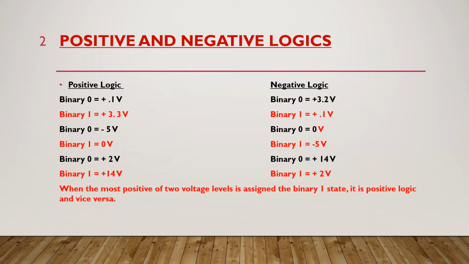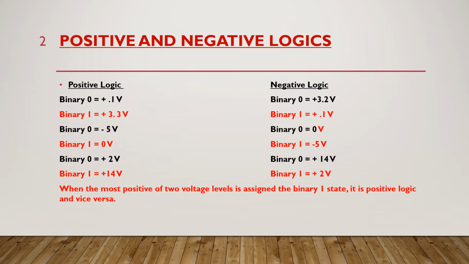Just see, binary 0 is plus 3.2 volt and binary 1 is plus 0.1 volt. Definitely plus 3.2 volt is greater than 0.1 volt. Both are positive, but it is negative logic because binary 0 has been assigned plus 3.2 volt.